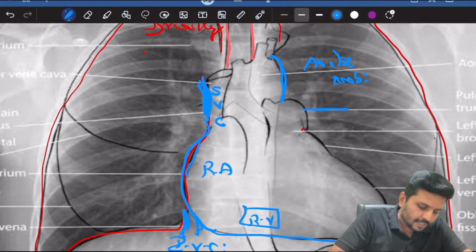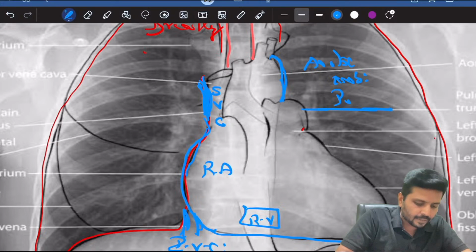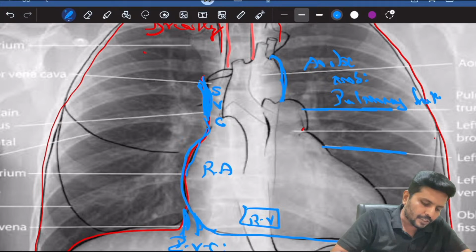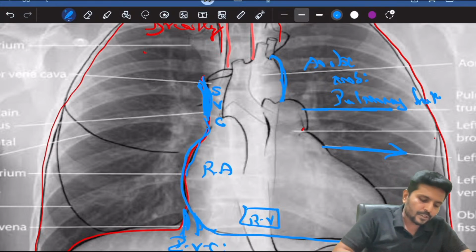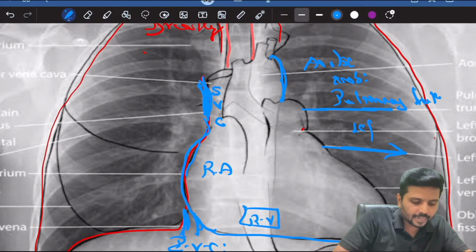The second bulge is called the pulmonary trunk. The third bulge is your left atrial appendage.